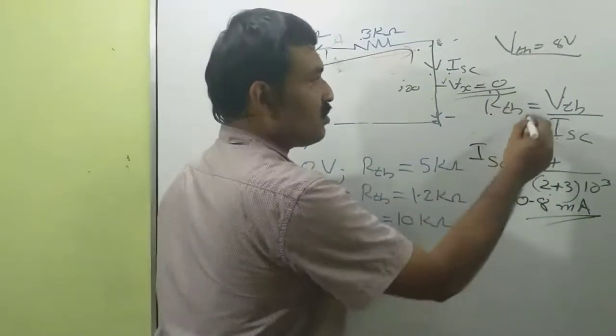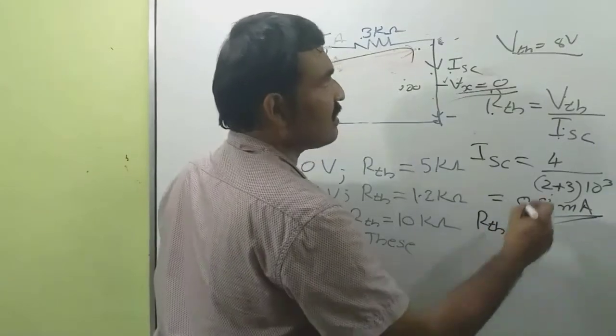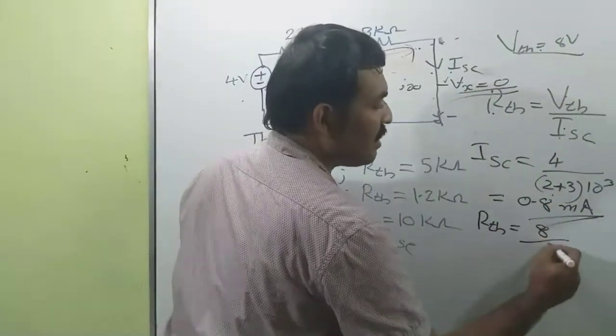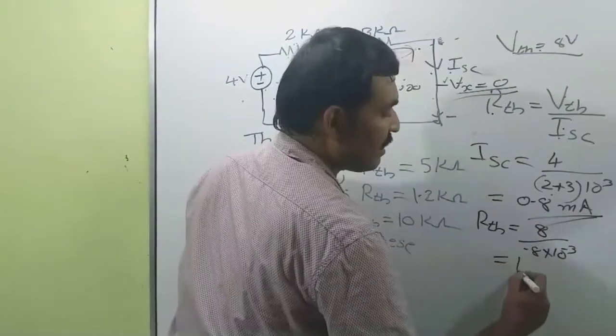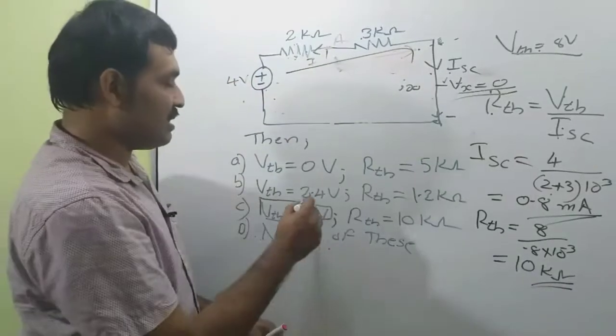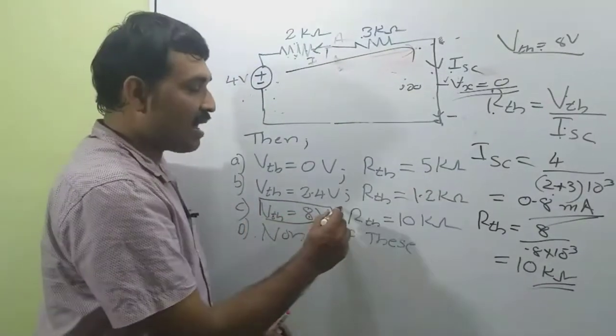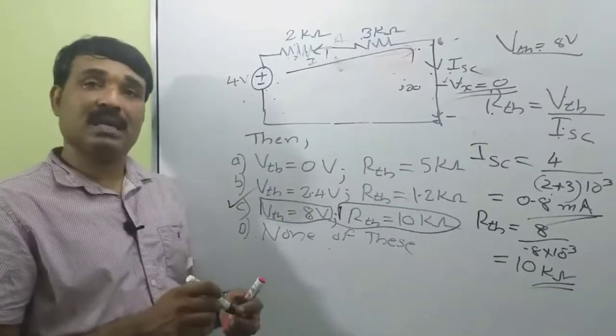Now RTH is equal to VTH by ISC, that is 8 divided by 0.8 into 10 raised to minus 3, that is equal to 10 kilo ohm. So our correct option is VTH is equal to 8 volt and RTH is equal to 10 kilo ohm. So C is the correct option.